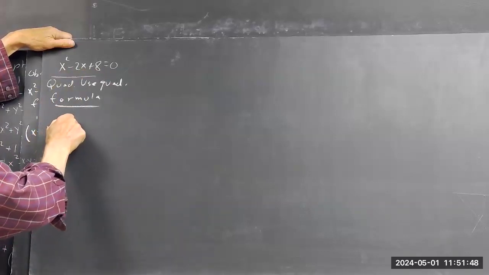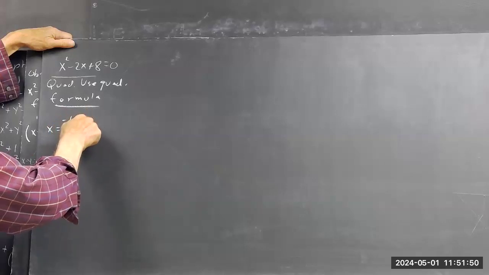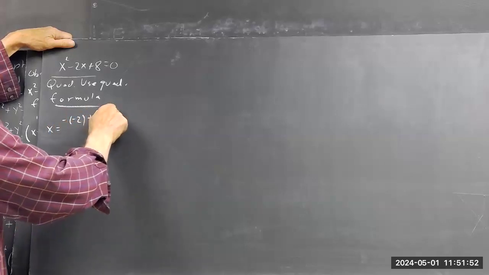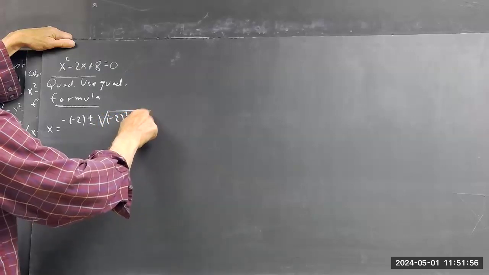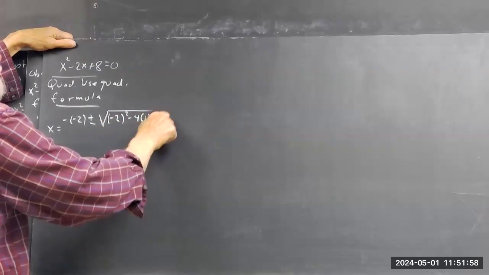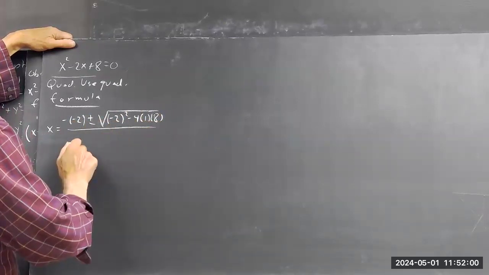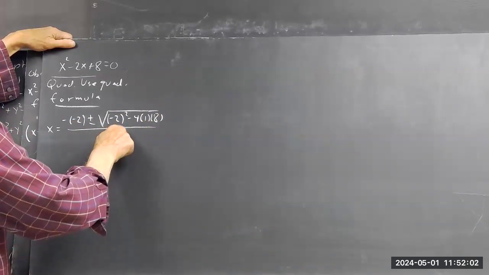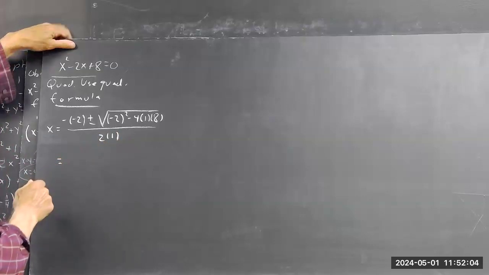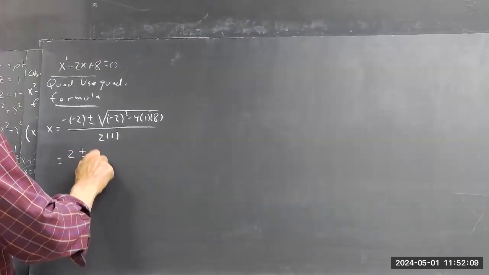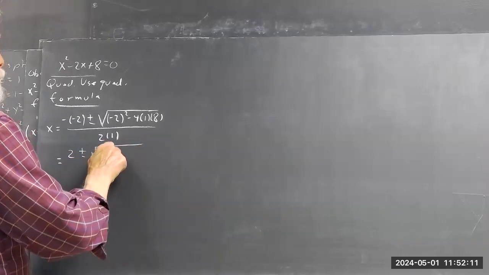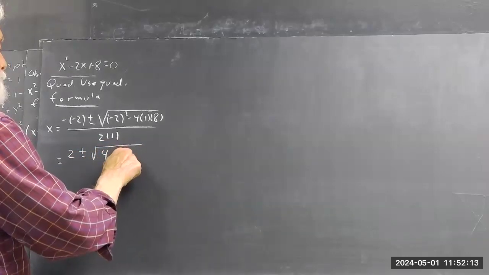x equals negative of -2 plus or minus the square root of -2 squared minus 4 times 1 times 8, all divided by 2 times 1, which then equals 2 plus or minus the square root of 4 minus 32.